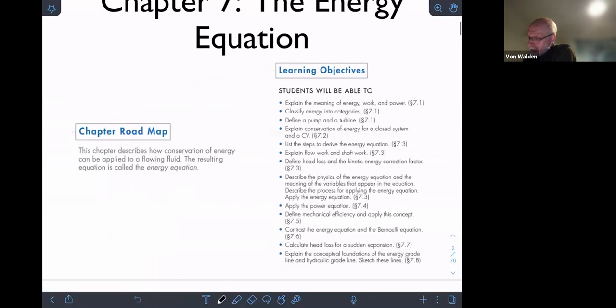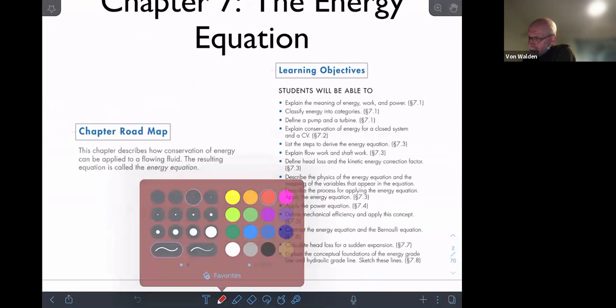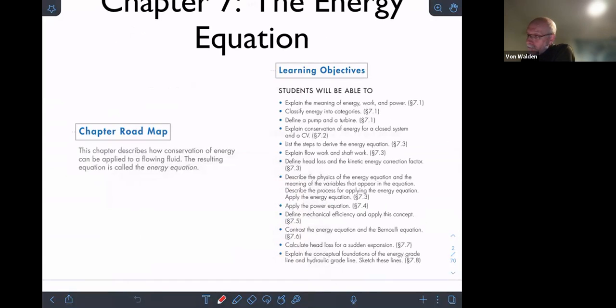So in this chapter, in the first section, we're going to just look at the meaning of energy, work, and power. We need some definitions. Energy and work actually have the same units, and power is the rate of energy usage, but we'll get to that in a second. There are different types of energy.